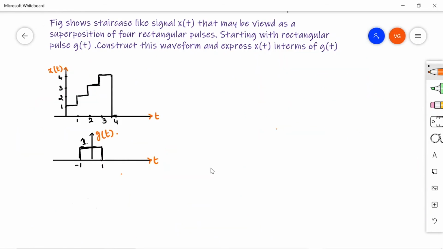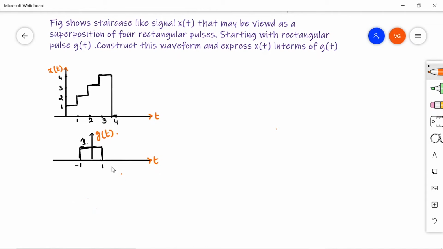Let us see one more problem here. The figure shows a staircase-like signal x of t that may be viewed as a superposition of four rectangular pulses. Starting with the rectangular pulse g of t, construct this waveform and express x of t in terms of g of t. So this is also like your previous problem.